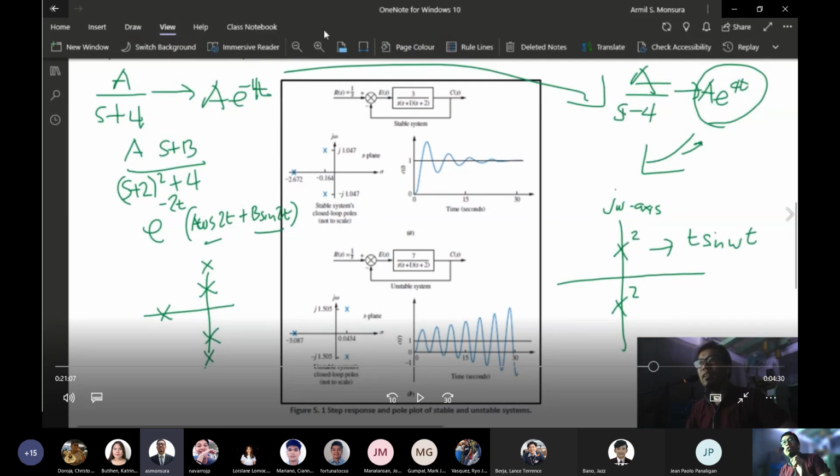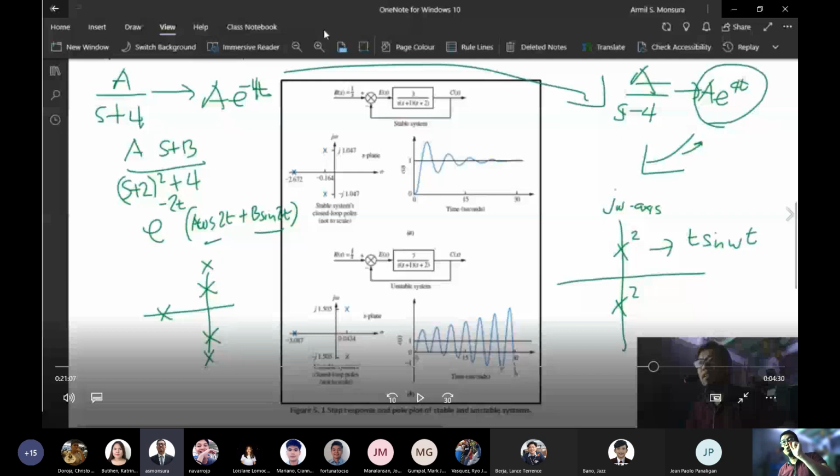Okay, so given na meron kayong input, meron kayong bounded input, if the total response is hindi mag-approach ng infinity or does not increase towards infinity. Okay? So that is when we say that your system is stable. Ito yung tinatawag nating BIBO stability. Okay, or yung BIBO requirement para sa ating stability in terms ng total response.